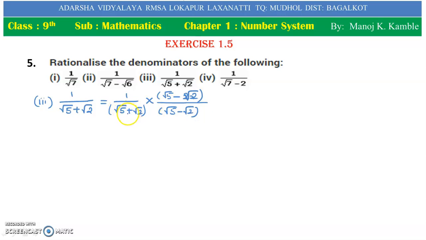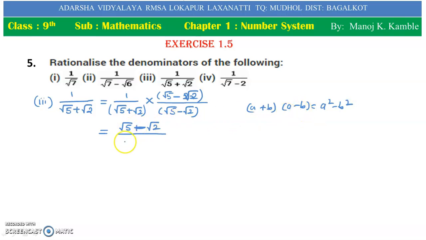Because here the denominator has a plus sign in between, so it becomes minus, the opposite sign. So numerator multiplication, square root of 5 minus square root of 2, whole divided by, once again here a plus b into a minus b. Once again apply the formula or identity, that is equal to a square minus b square.